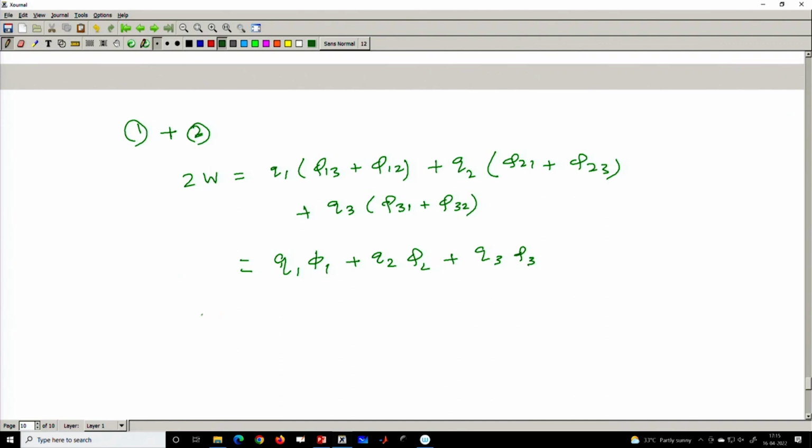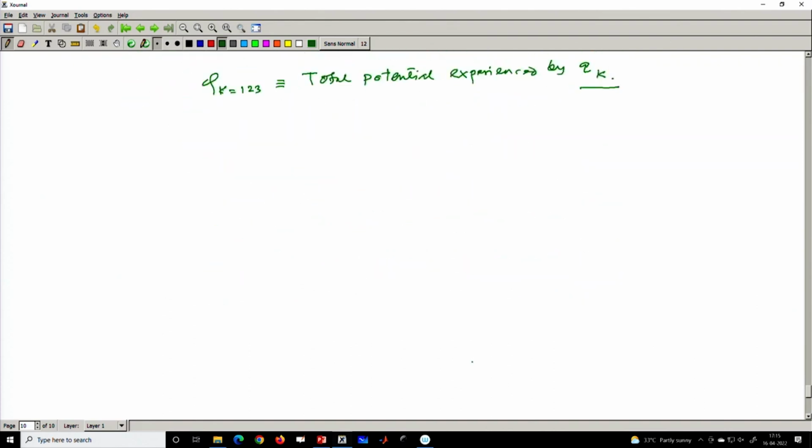What is phi k here? k equal to 1 to 3. So, phi k, which is 1, 2 or 3, is simply the total potential experienced by the charge qk. So, W is simply half of the summation over k of qk phi k, where k is the number of particles that you have.